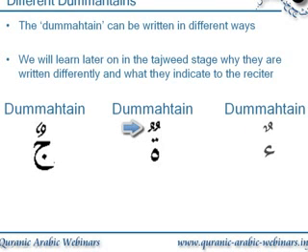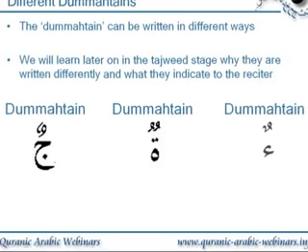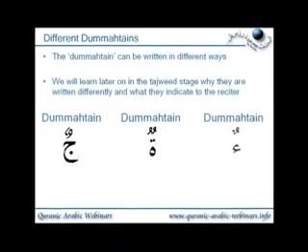The second one is simply two dhammas written together, so that's what you would expect, and that's what we've written in a lot of the slides before. And the third one is two dhammas, and it looks like one's up the right way and the other one's upside down. As long as you can recognize that these are all dummahtain, that's fine.